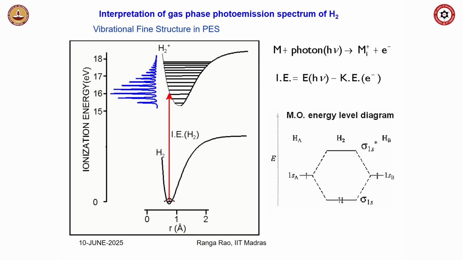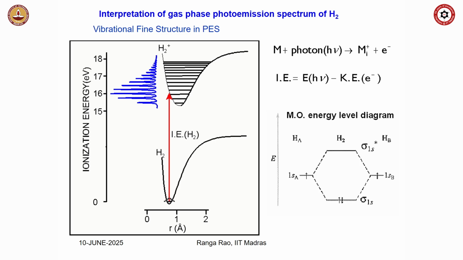Mostly molecules sit in the ground vibrational level at normal temperature, and it has a wave function psi in quantum mechanics. So this curve is psi square, and the probability is maximum here, and from here it goes to this level.